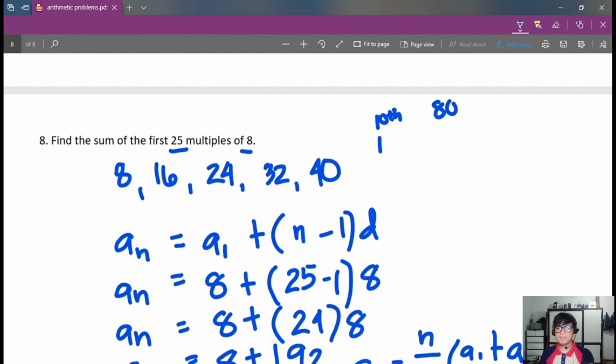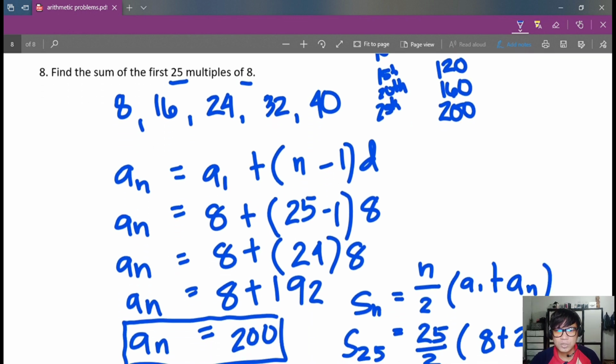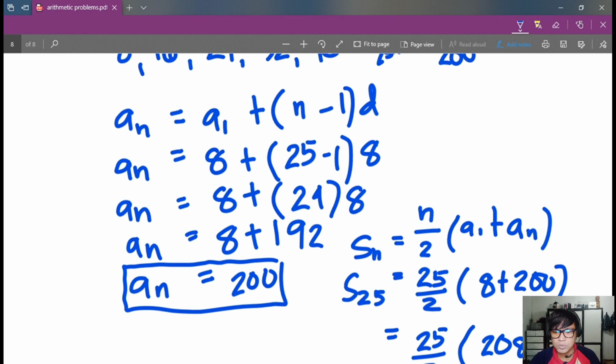The 15th term is 120. The 20th term is 160, right? Then the 25th term is 200. So, that's correct. So, the answer is the sum of the first 25 multiples of 8 is 2,600.